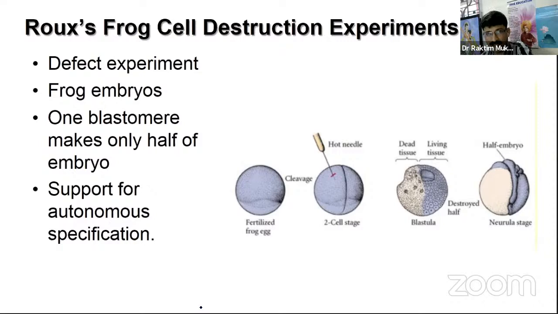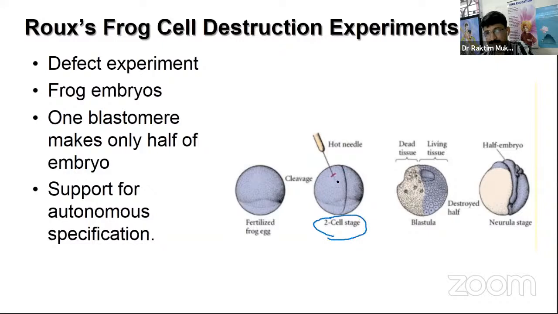Roux's experiment is a defect experiment. Roux took frog embryos, fertilized frog eggs, and using a hot needle he pricked one half of the embryo at the 2-cell stage.